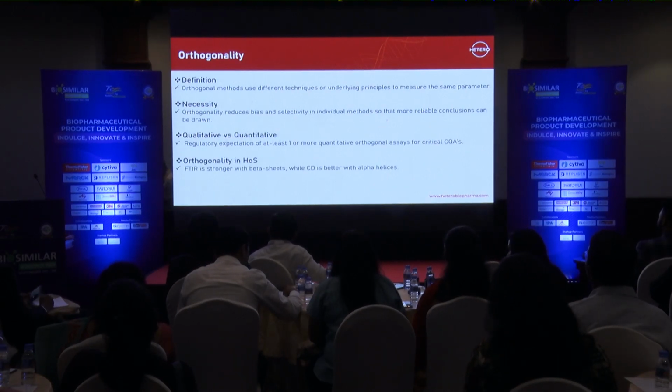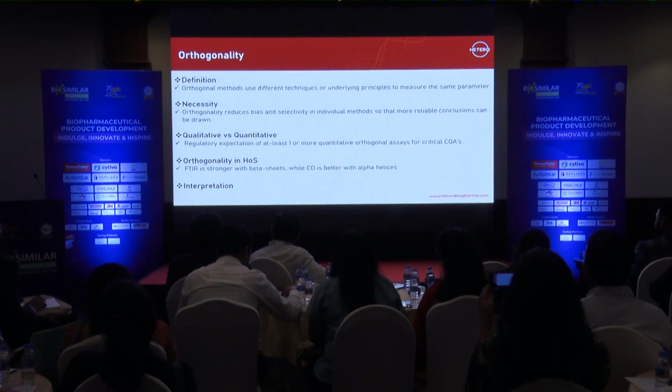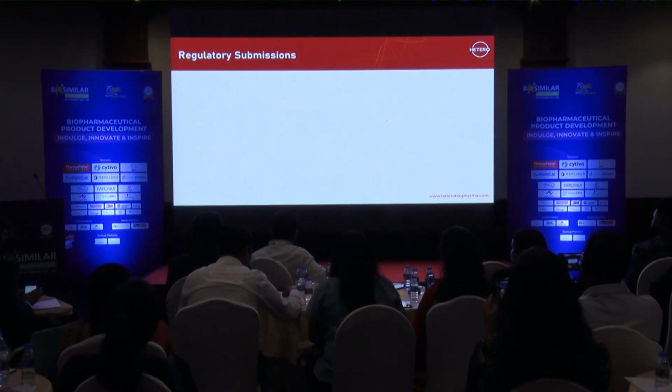For example, in higher order structure, FTIR is very strong with beta sheet assessment, and CD has its strength towards alpha helix assessment. So if you club both together, you can prove similarity in a much more effective way. And everything depends on how you interpret the residual changes after all of this.